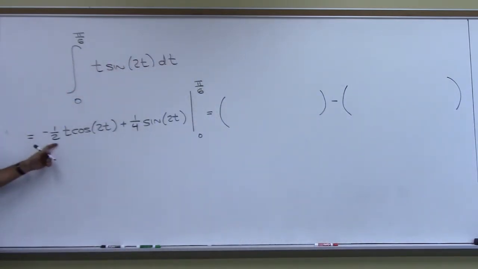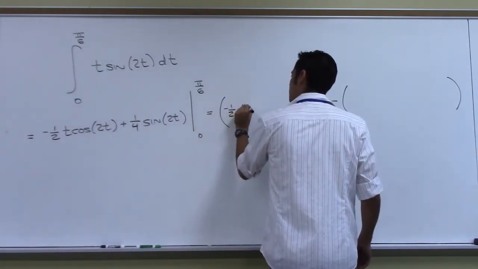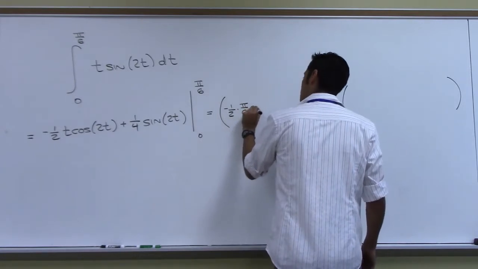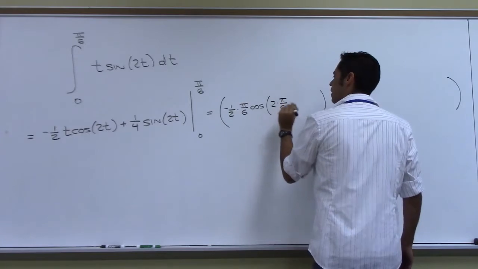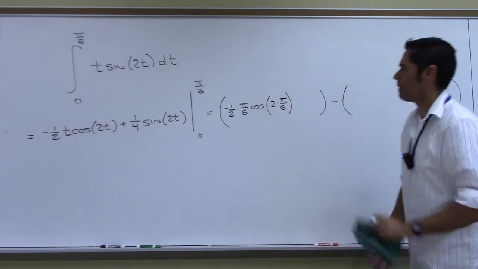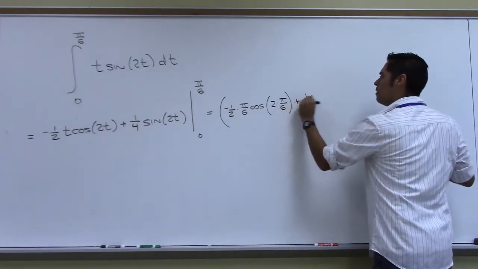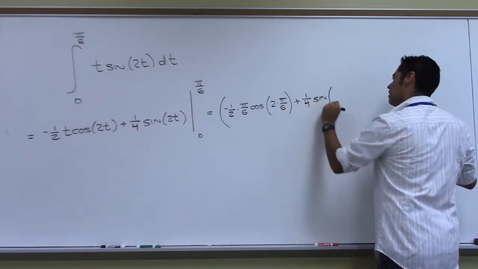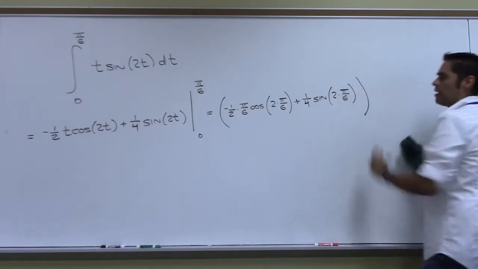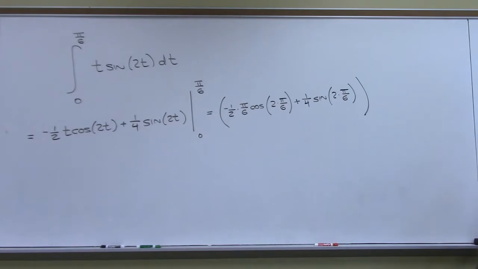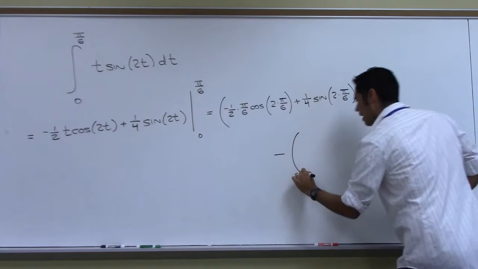Negative 1/2 times pi over 6, cosine of 2 times pi over 6, and I'm not going to have enough room, plus 1/4 sine of 2 times pi over 6. That's what I get when I plug in pi over 6, minus what I get when I plug in 0.